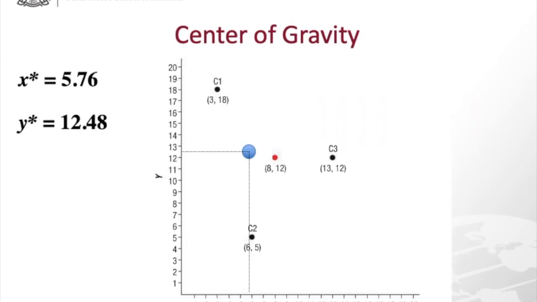So as you can see here in the problem that we went through from the beginning of the class, we have the red dot here, and we have C1, C3, and C2. If we calculate the center of gravity, it's going to pull towards C1, right? So it went a little bit to the left and a little bit up, towards C1.